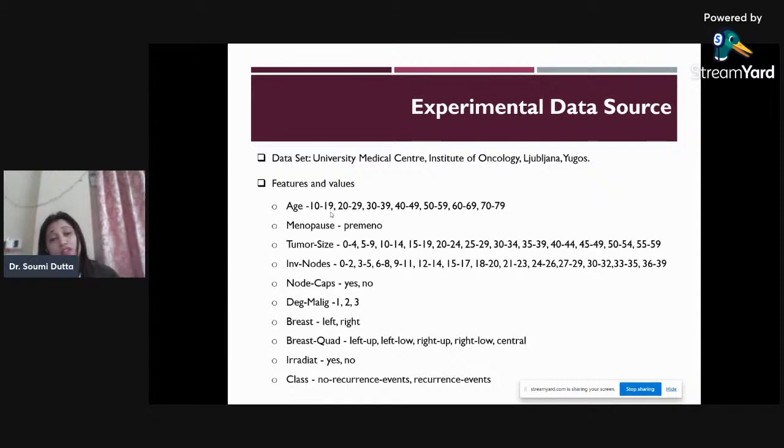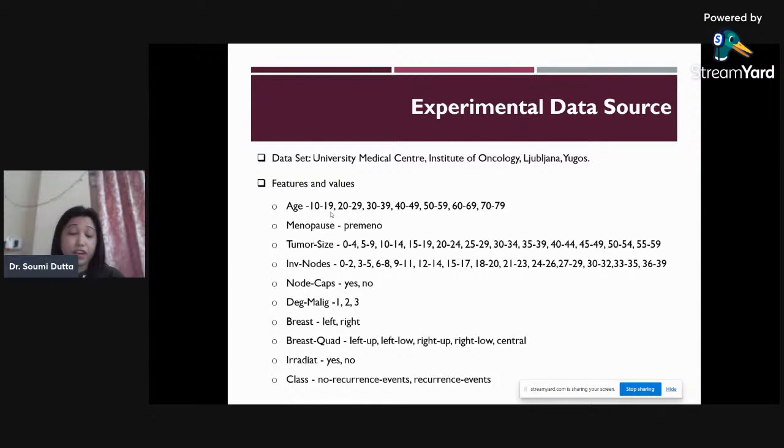You can see that ranges of ages are given, and menopause is also given, whether it is pre-menopause or the general one. Then the tumor size can be of different sizes. What the tumor size can be at which age also varies, because a tumor needs some time to develop.